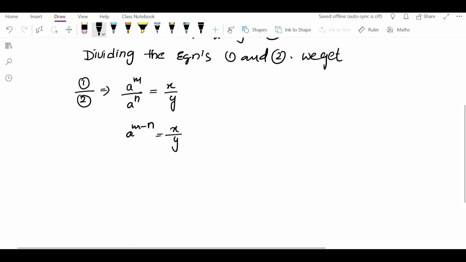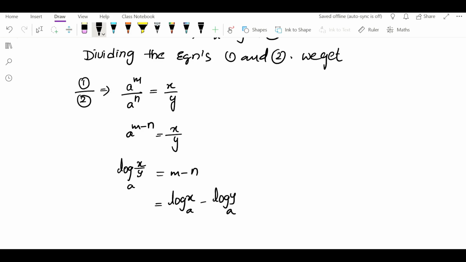This is in exponential form, so you convert this into logarithmic form: log x by y base a is equal to m minus n. We know the value of m is log x base a, and n is log y base a.